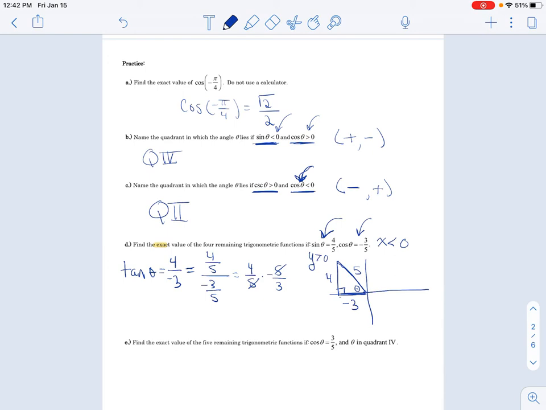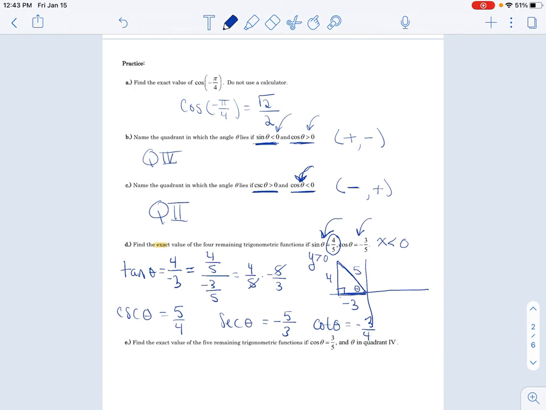So whatever your brain likes. For me, I like to visually look at a triangle and do it. So my cosecant, well, I don't even need that triangle because it's just the reciprocal of this, and that is 5 over 4. Secant is just the reciprocal of cosine, which would be negative 5/3. And then cotangent is the reciprocal of tangent, which would be negative 3/4.